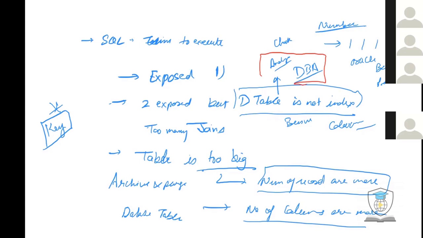Okay, so this is a DB query. From our side, what we can do is handle joins. We can ask our DBA for suggestions: number of columns are more, number of records are more. But ultimately we have to take the decision collaboratively on what needs to be done. Half of the things can be handled on the Pega side, half with the help of the DBA.